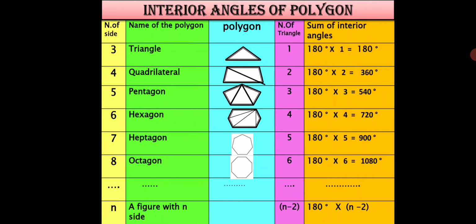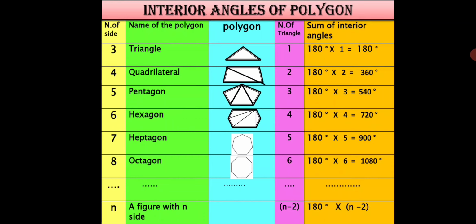Okay students? So note that the number of triangles formed in a polygon as shown above is 2 less than the number of sides the polygon has. So we can conclude that the sum of the measure of interior angles of a polygon is 180 degrees into n minus 2.